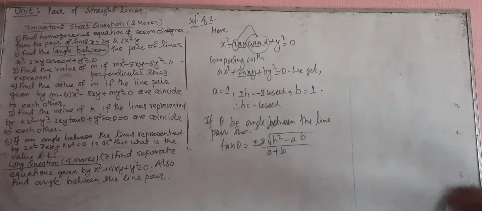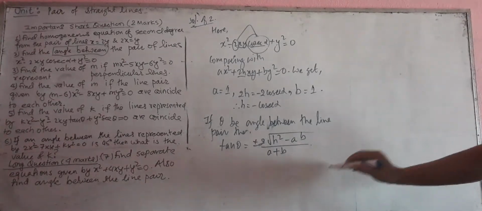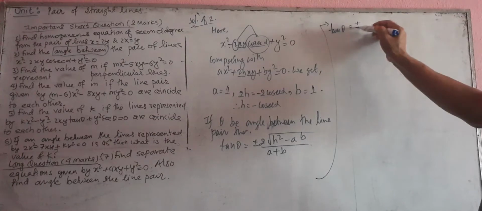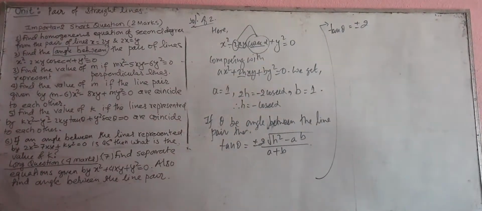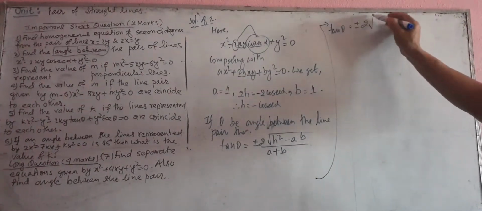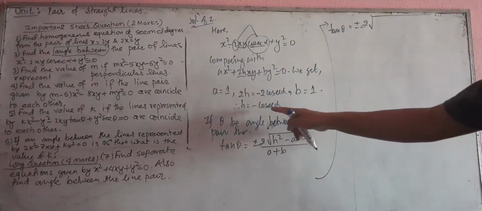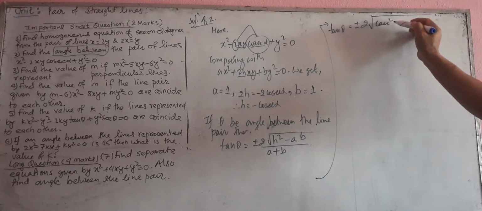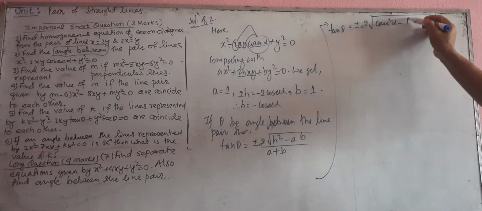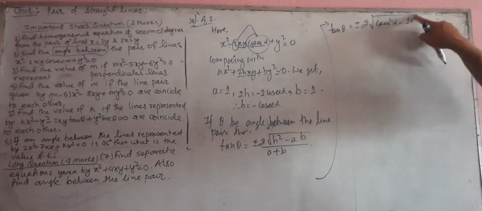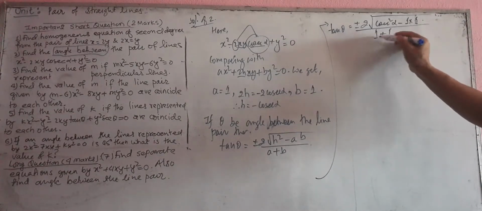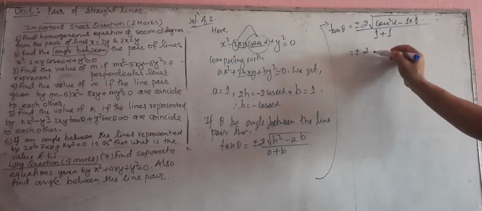Okay, let us clear all. Then tan theta is equal to plus minus 2 root over the value of h, that is minus cosec alpha, the square of minus cosec alpha is plus cosec square alpha, minus the value of a which is 1 times the value of b which is also 1, whole divided by a plus b, 1 plus 1, and this equals 2.